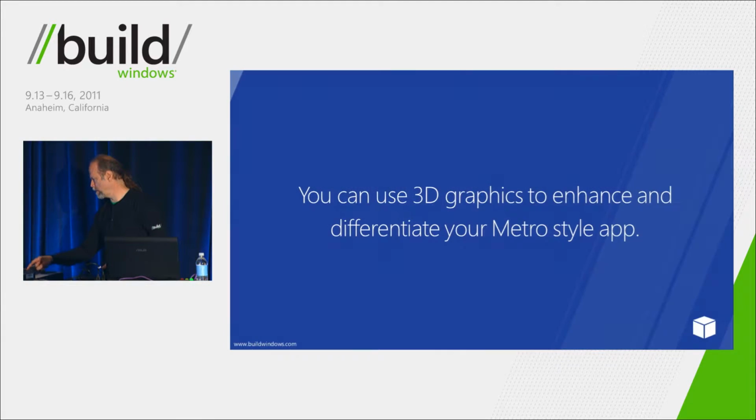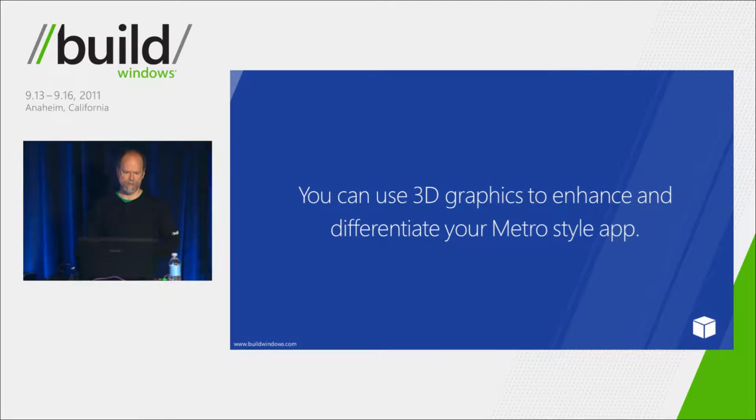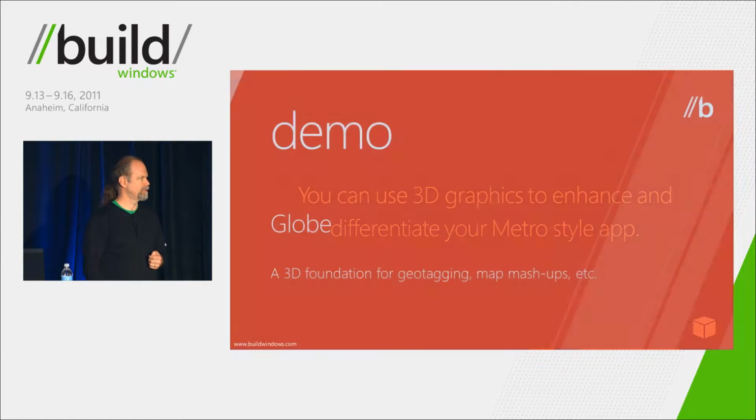So why would you be interested in 3D graphics at all? Well, the answer is there may be a large number of applications out there, and the ones that use 3D are going to have a lot more customer appeal, a lot more impact, and differentiate themselves from the pack. That's one of the primary reasons to do this.